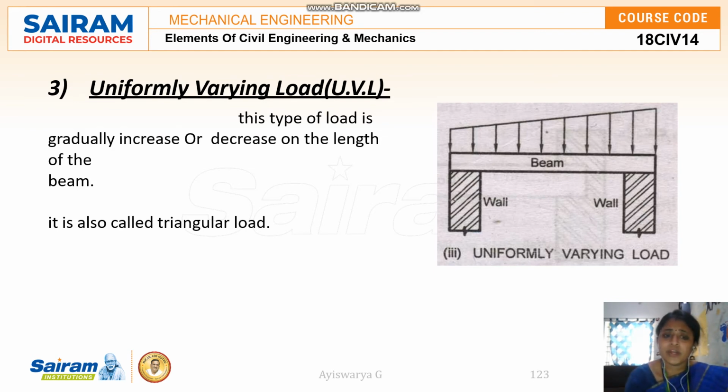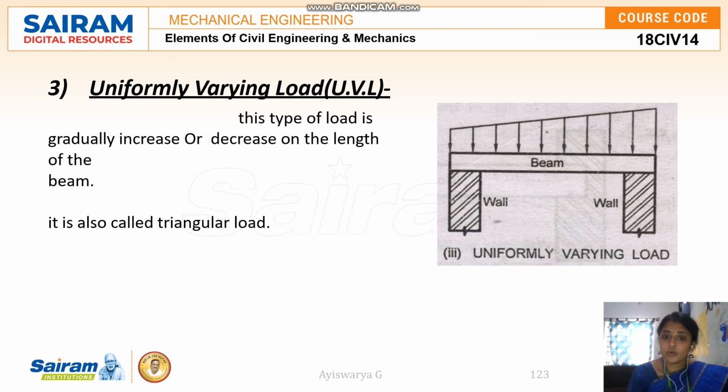Uniformly varying load means that from one point to another point, the load gradually varies. This type of load gradually increases or sometimes decreases with respect to the length of the beam. In other words, as with the UDL, the UVL, uniformly varying load, is called a triangular distribution of load.